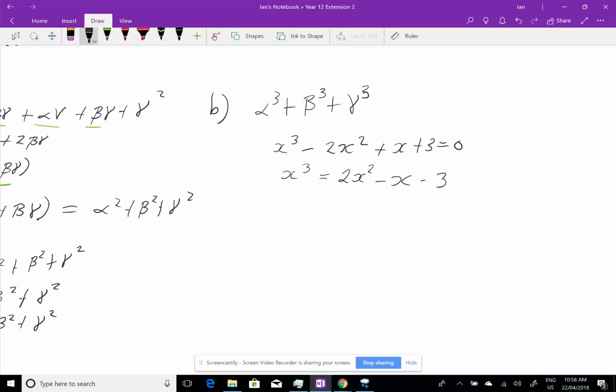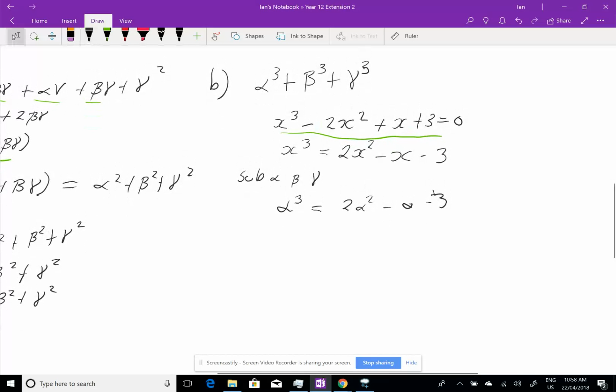Now, I know the roots. And the roots are alpha, beta, and gamma. So if I put alpha into that original equation, it'll equal 0. So if I put alpha into this, I'll get the same thing. So sub alpha, beta, and gamma in, and I'll get alpha cubed equals 2 alpha squared minus alpha minus 3.